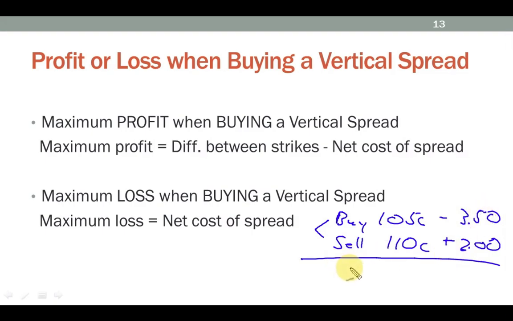So the spread will come out into one piece, meaning that this trade will load up as a buy 105 call, sell the 110 call, and it'll actually show it, and it'll be for a net debit for $1.50.